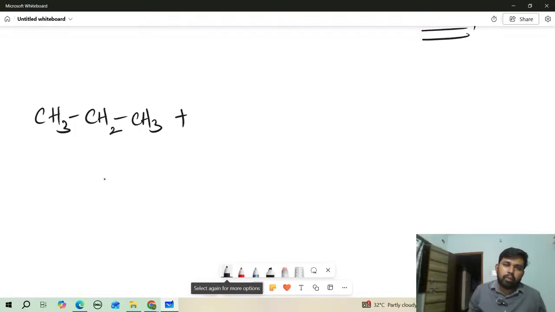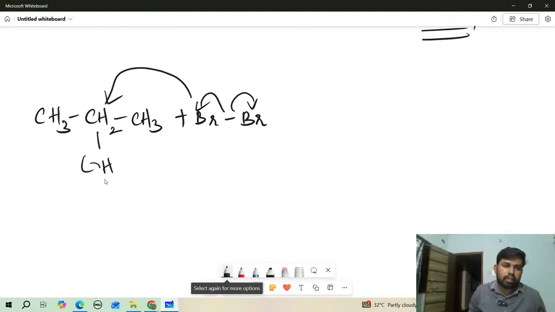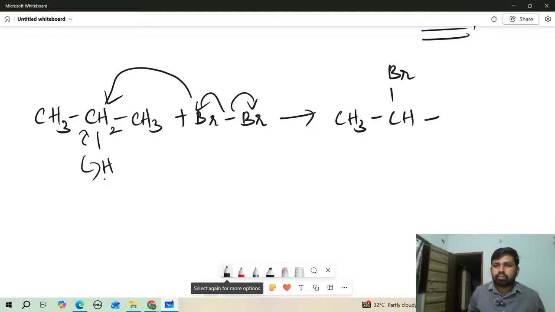If I take bromine, again this is free radical substitution. A hydrogen will be separated here, and it forms CH3CHBrCH3, and we now have a secondary alkyl halide.